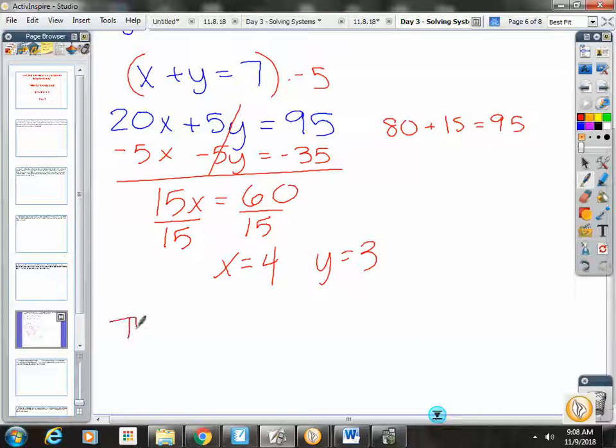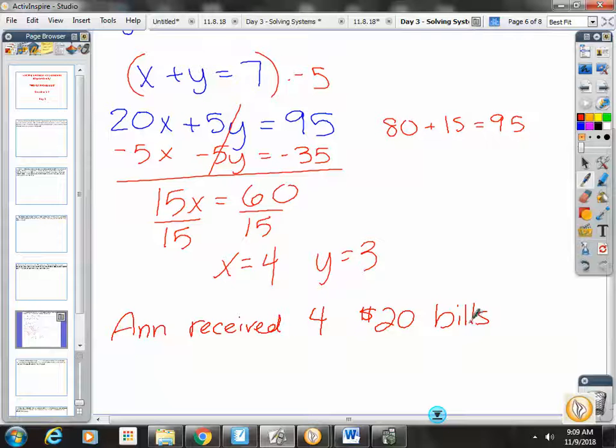I'll say she, Anne, is her name, received 4 $20 bills and 3 $5 bills, summarizing our findings, answering the question the problem gave us.